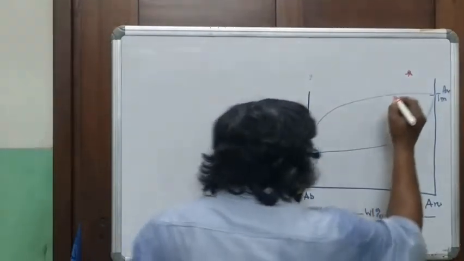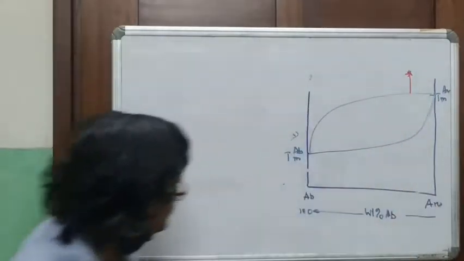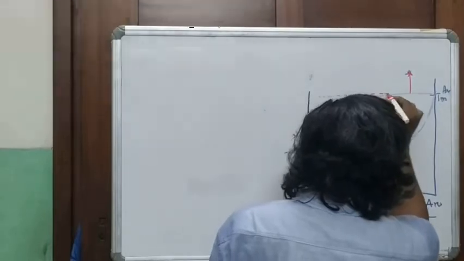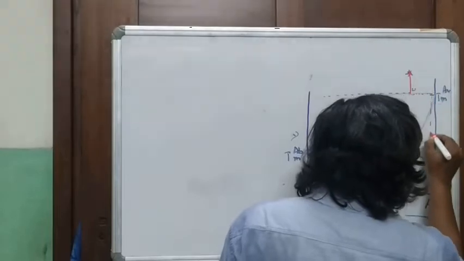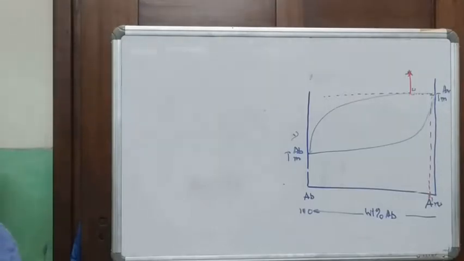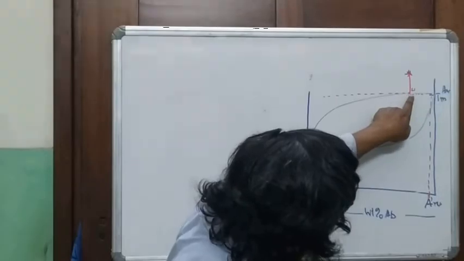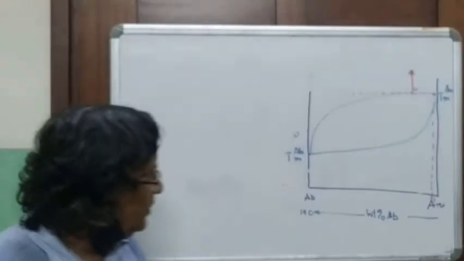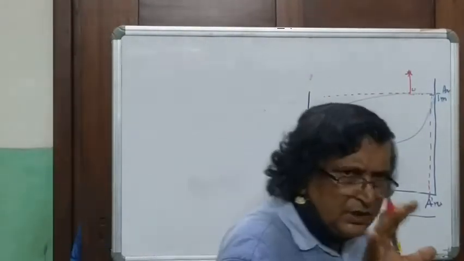Now, if I have a melt of this composition and I take a point here, this is my L1, and for this, somewhere here, there is an S1. Have you understood? For the liquid composition L1, there is a solid composition S1.